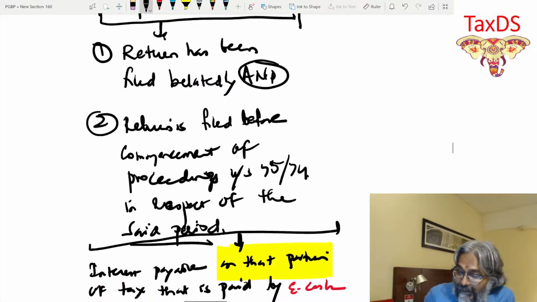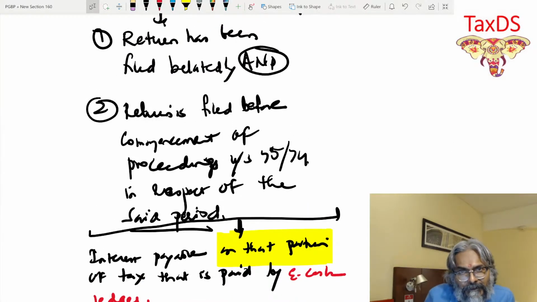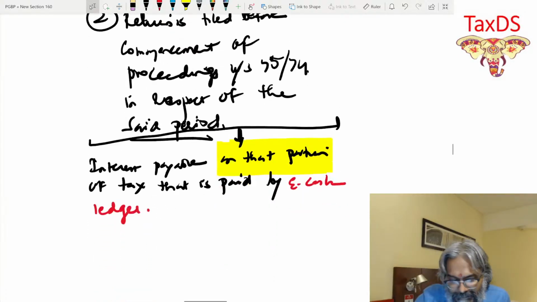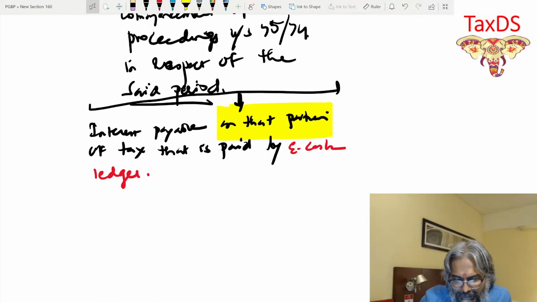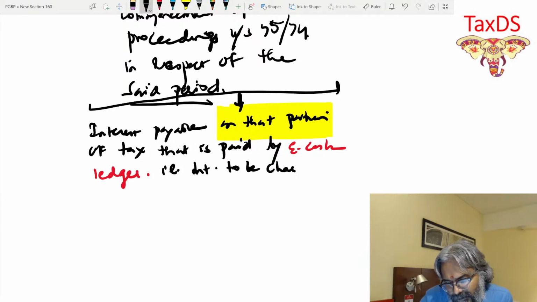But provided this falls under this situation. Which situation? The return has been filed capturing the supply of that entire period, but the return has been filed belatedly, though before the notice that the department has given to us. So can I say that interest is to be charged on the net tax liability?